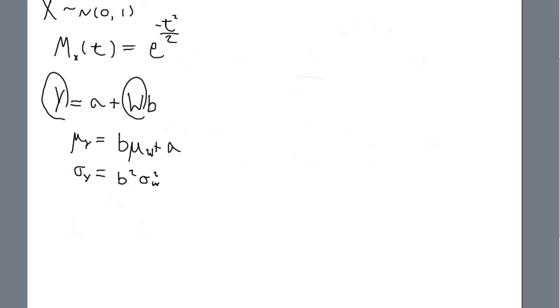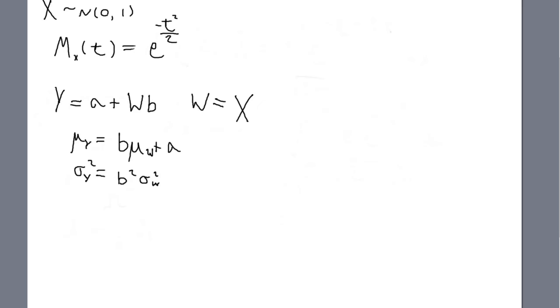If you have Y and W normally distributed, and Y is W scaled by b and shifted by a, then the mean is the mean of W scaled by b plus a, and the variance is b squared times the variance of W. Let's say that W is exactly X, right?